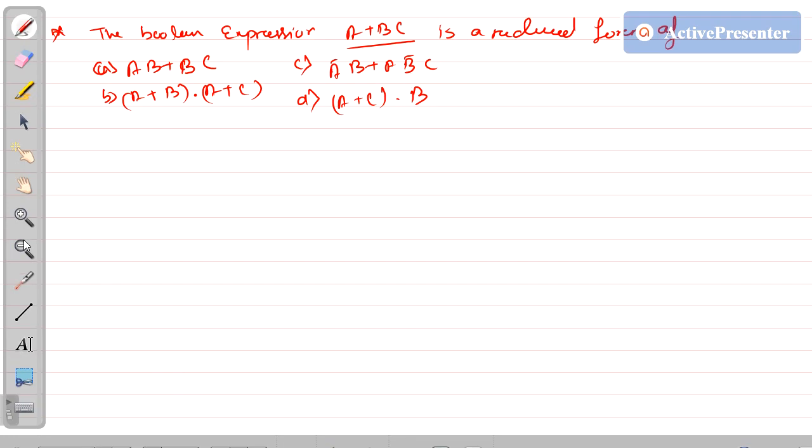So how can I answer this? This is a very simple answer. All the properties have been discussed. From the properties, A plus BC is equal to A plus B whole into A plus C. This property is the distributive property.